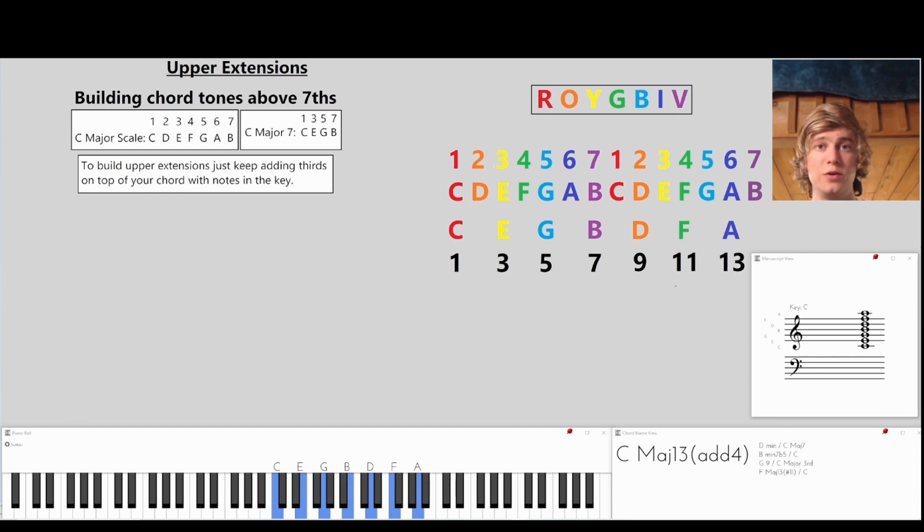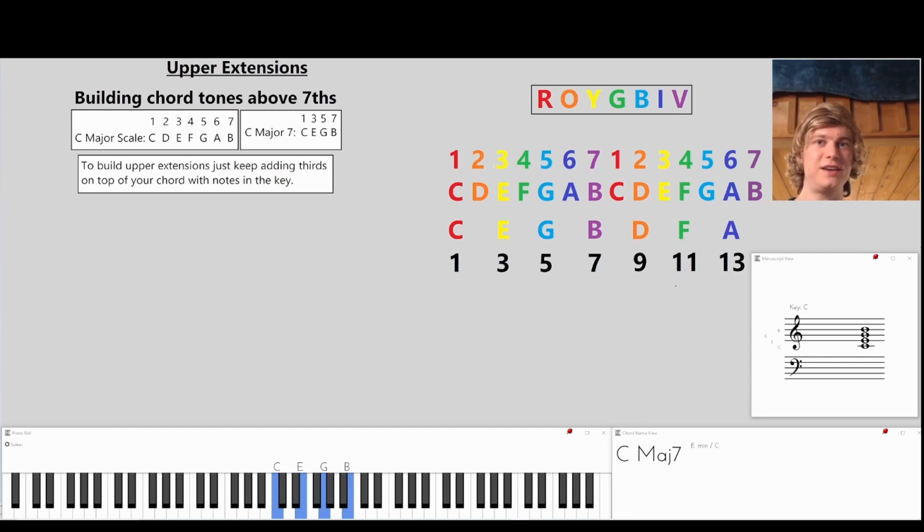And as you might know, if you take a note and you go up or down an octave, it's still going to function as the same note, just a higher or lower pitch of that same note. So for example, when I'm adding my 9, which is my D in this case, that is the same sound as this note, D. It's just a higher pitch version.